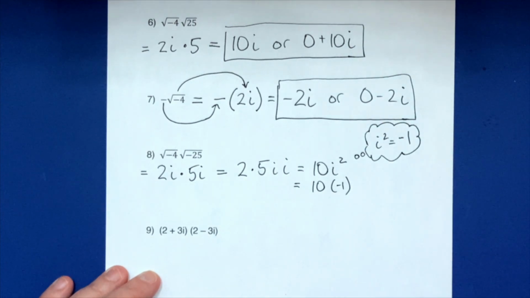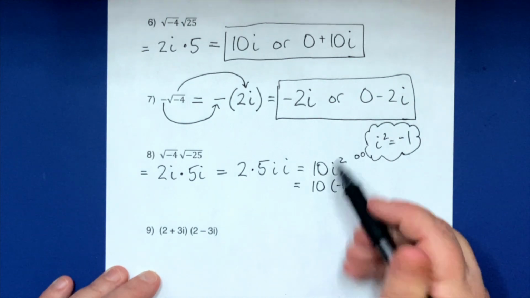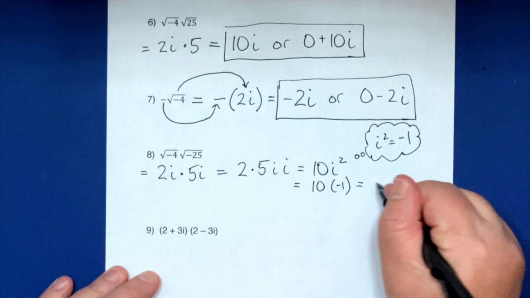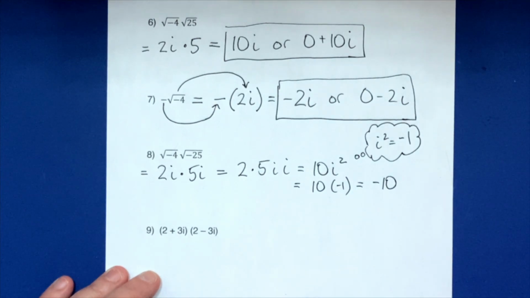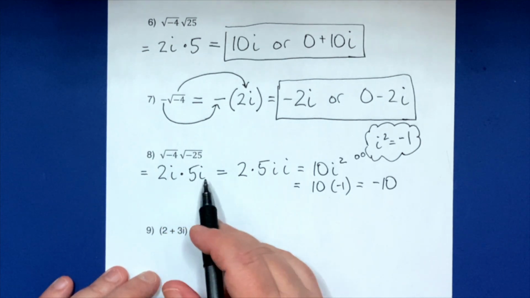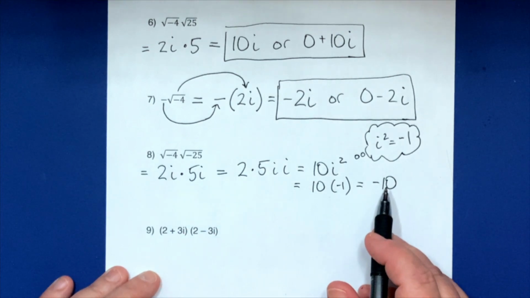When you're dealing with imaginary numbers, i squared equals -1, always. So whenever you see an i squared, you switch it to a -1, and I get -10, which is really interesting. So basically, anytime we take two purely imaginary numbers and multiply them together, we get a real number.